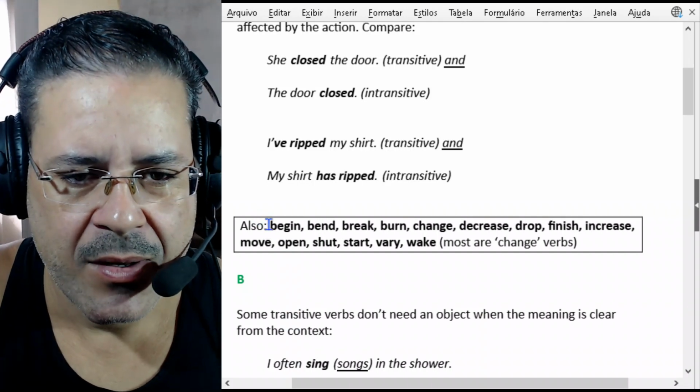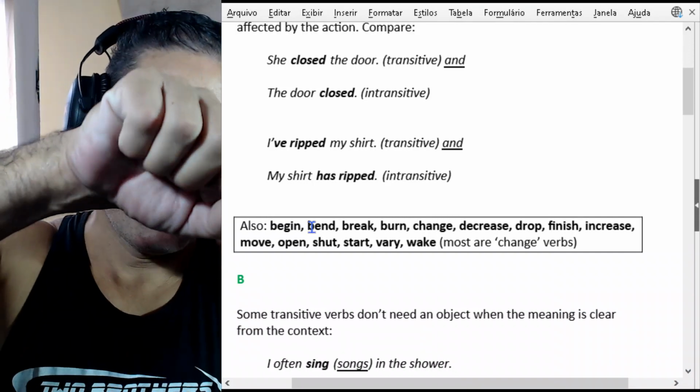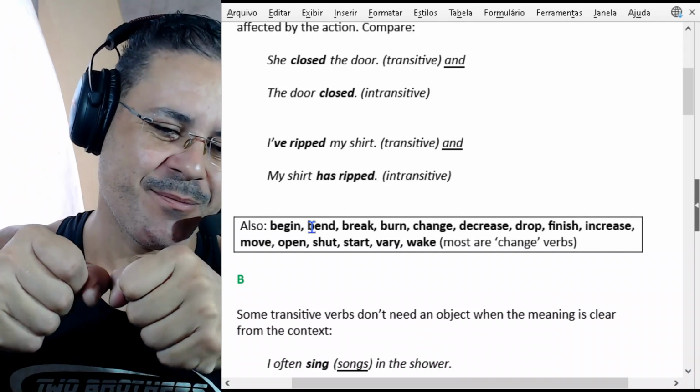So we have the verb to begin, which means to start, bend, which means making something like that, bend.